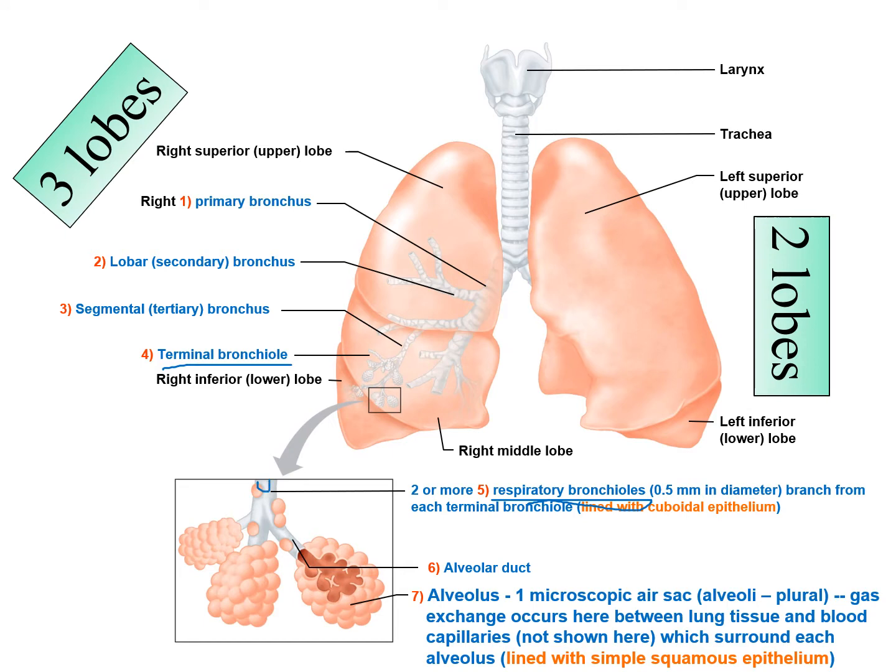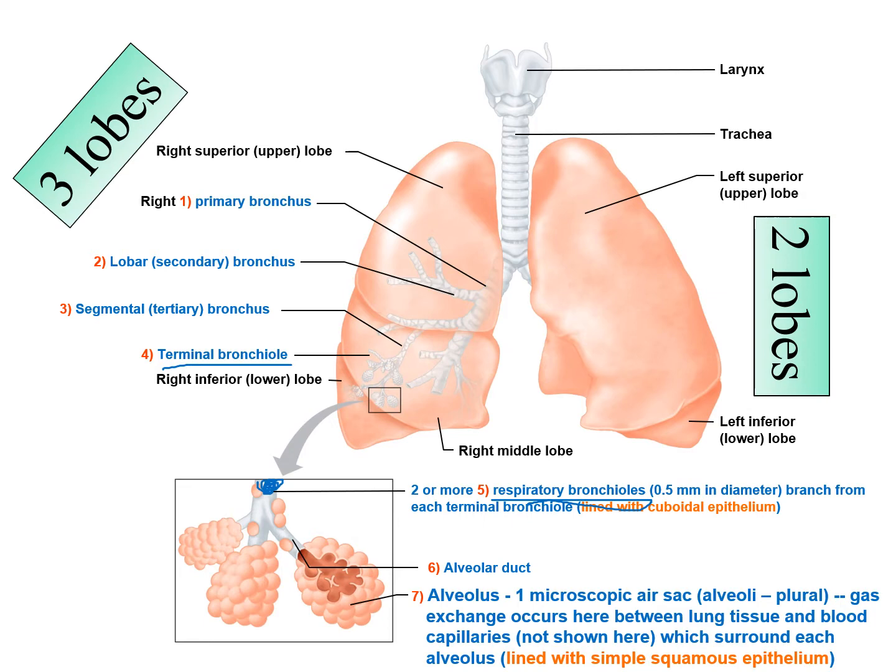We can see one respiratory bronchiole here. Note about 1/2 millimeter in diameter, so you can actually see this with the naked eye. You know what a millimeter is, right? We've talked about that, the smallest unit of the metric ruler. So this is 1/2 of one of those millimeters. So you can see it, but it's very tiny.